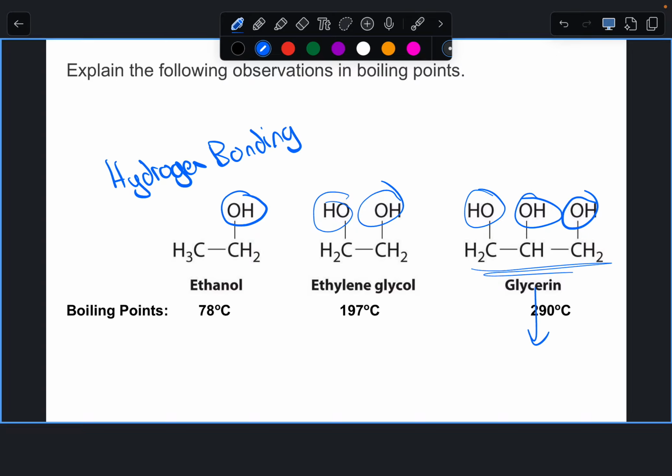And if you look at their boiling points, glycerin has a really high boiling point, ethanol's is relatively low. So the key factor here, although the mass may have something to do with it, is the number of sites where you have that hydrogen bonding going on. You've got 3 different places in glycerin where you've got an O bonded to an H.